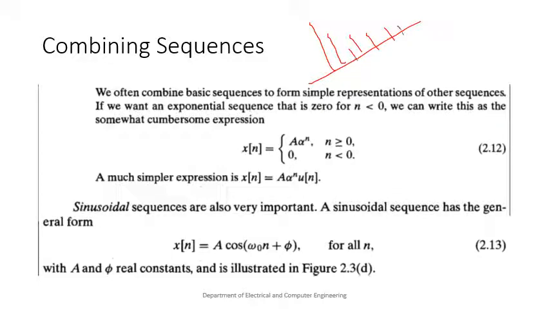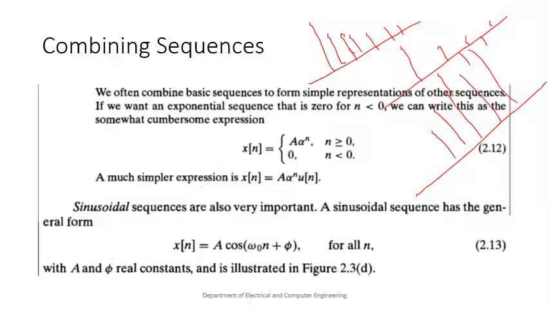Then we have alternating sign: 1, decrease, decrease, decrease, decrease. It is decreasing but with alternating sign. And finally, for alpha greater than 1, we have a growing sequence. So 0, 1, 2, 3, 4. As the values of n increase, the sequence grows. This was decaying.